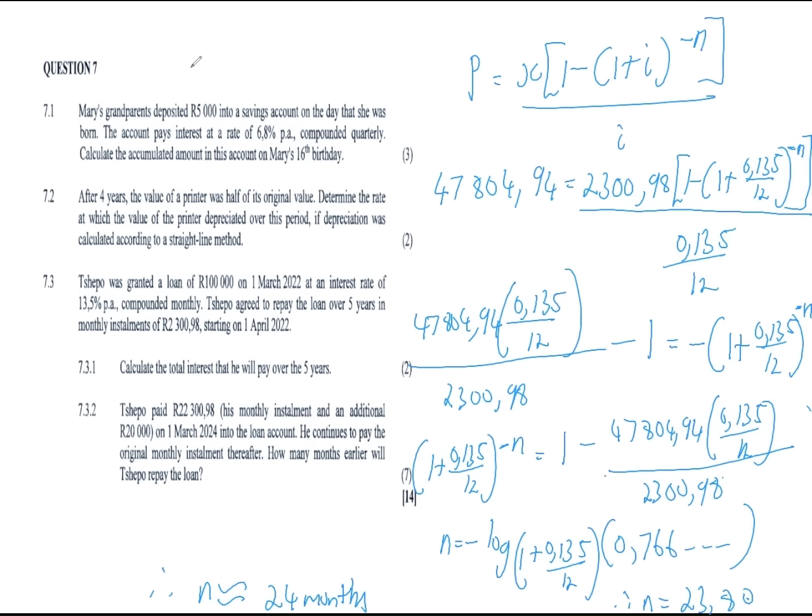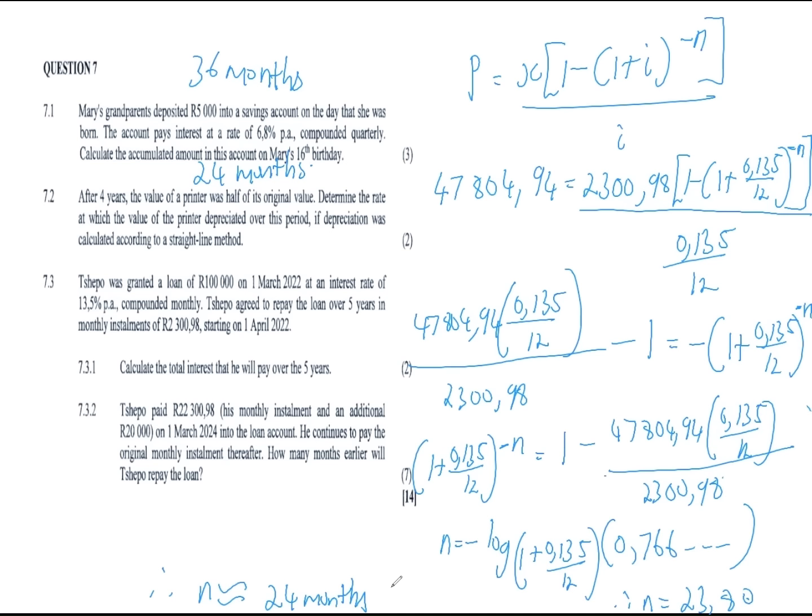But then remember, we had calculated that if it wasn't for the 20,000, it would take him 36 months. But now with the 20,000 that has been thrown in, it's now only 24 months to pay off the remaining balance, or the outstanding balance. Remember, the question is how many months earlier will Tshepo repay the loan?